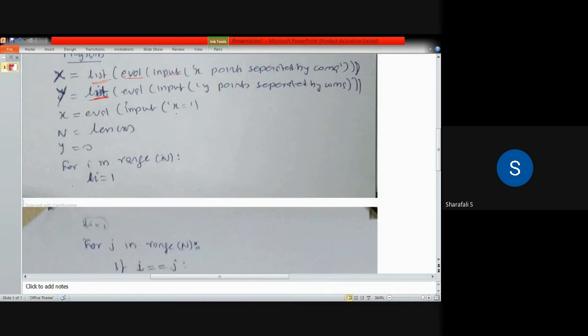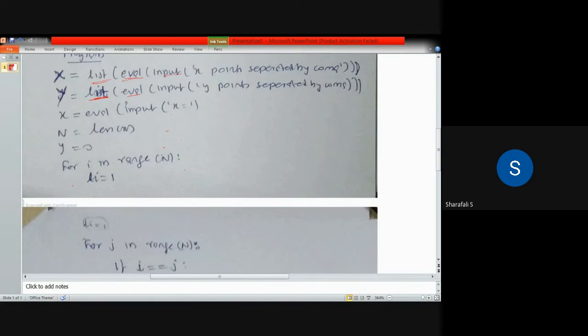Then we have this eval. This eval function will give you the exact type of the data that we have used in this particular list. For example, if you have used integer type data in that list, then it will directly give you integer.